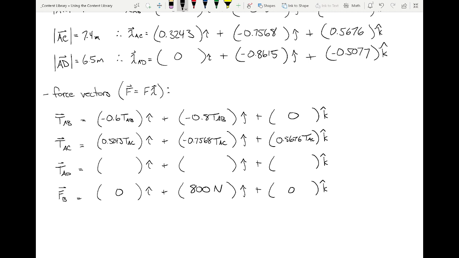Then this is 0, negative 0.8615 magnitude. Negative 0.5077 magnitude. All right. See what I'm doing here?